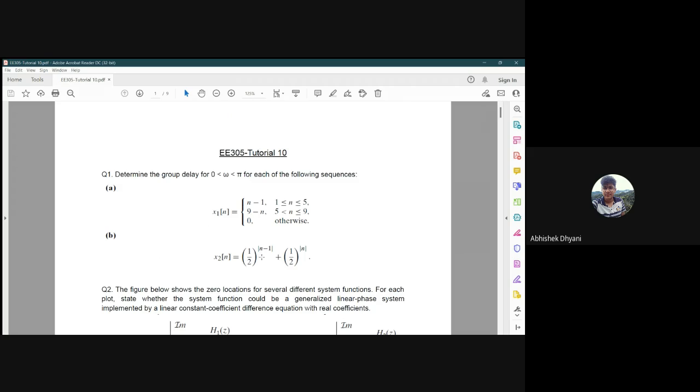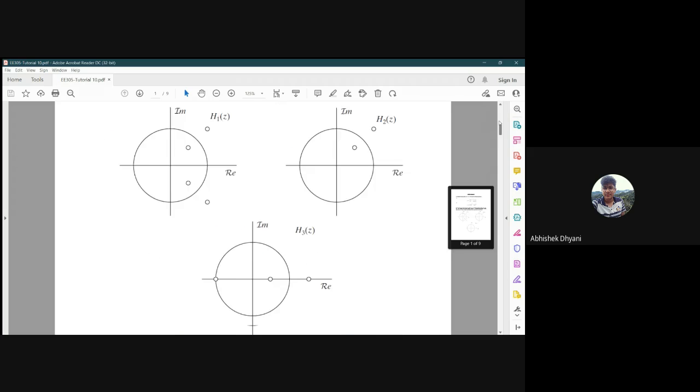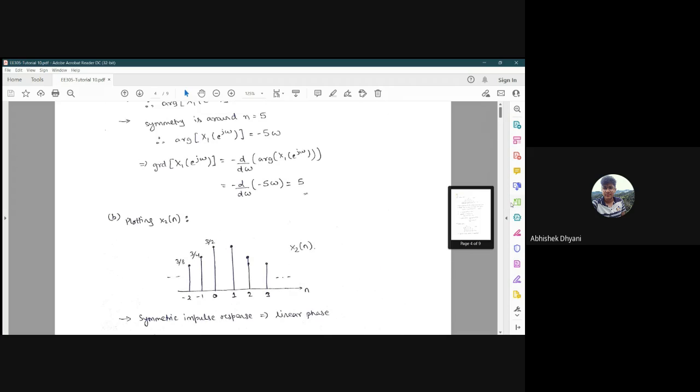So clearly, if I put n equal to 0, I'll get 1 plus 1/2, so it will be 3/2 at n equal to 0, and so on. We can plot for all these values to see where it's symmetric about.